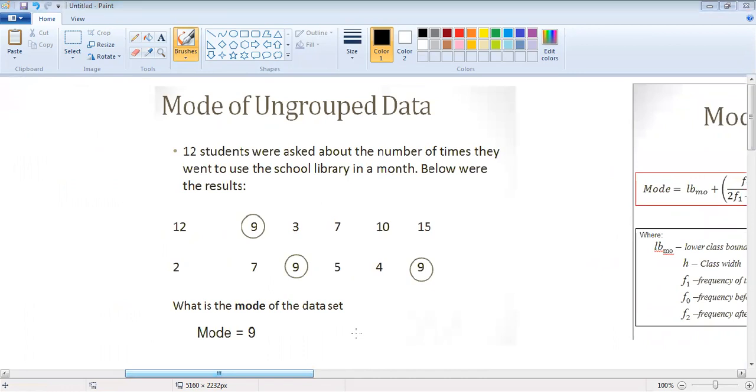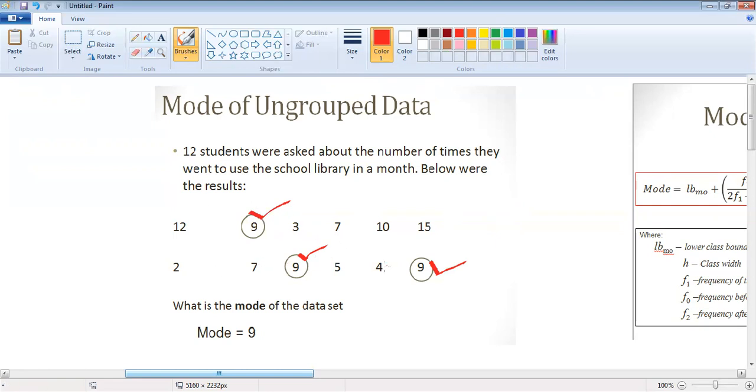So let's say these are the data that we collected from 12 students, and below are the results. So we have 12 students and these are the results. If you can see here, the data 9 is repeated 3 times, so it repeated the most.